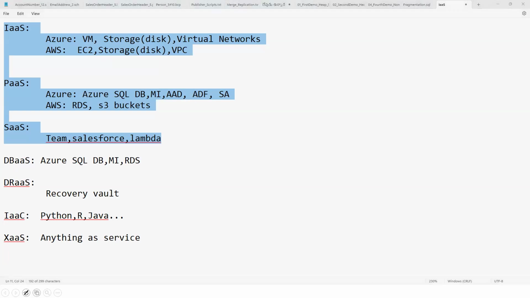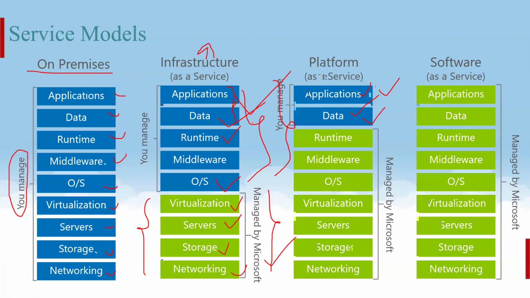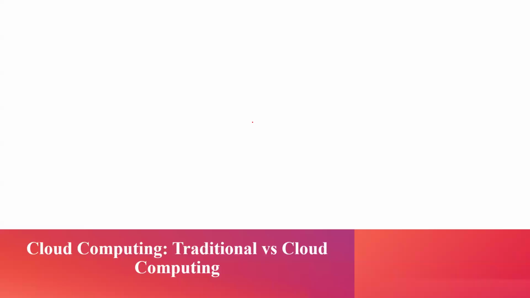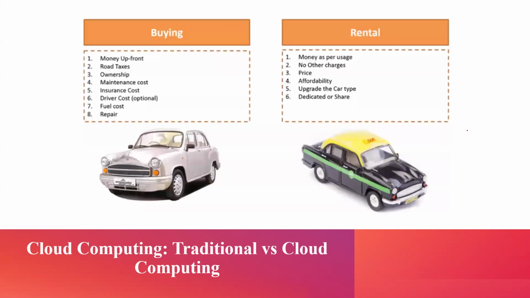Now, sir, finally, let's discuss one simple example of the difference between traditional on-premises and cloud computing, so you can understand easily. Buying a car is nothing but on-prem. Money upfront, you decide how much you can spend on the car.